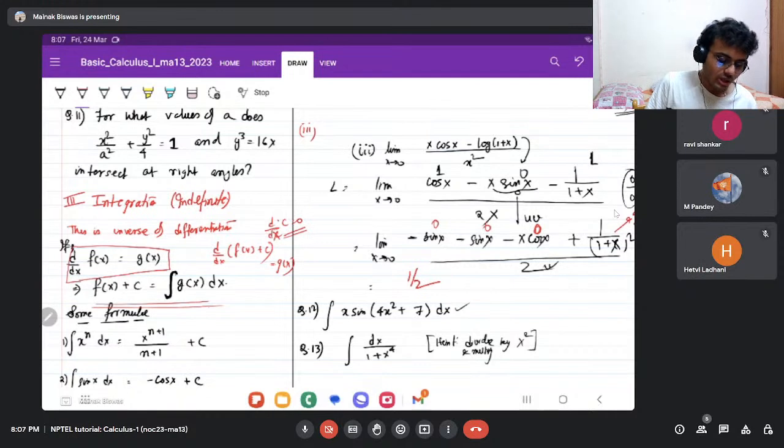Therefore, to invert a differentiation, what I do is put this on this side. So I do df is equal to g(x) dx, and to get f I integrate both sides. This is called integration. So integration, we will see, is an addition of small parts.